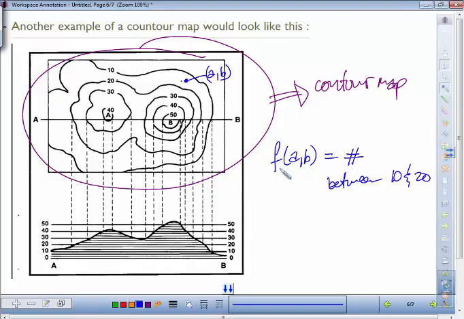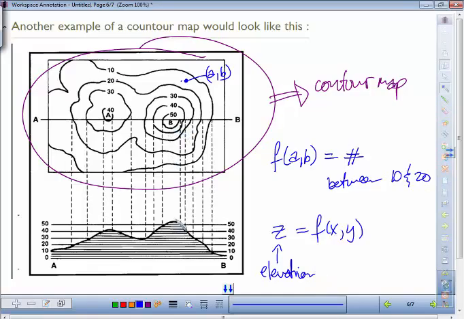So if I call this a function z is equal to f of x and y, in the context of this picture, including this picture down here, what is z? The elevation. It's the height of the mountain.